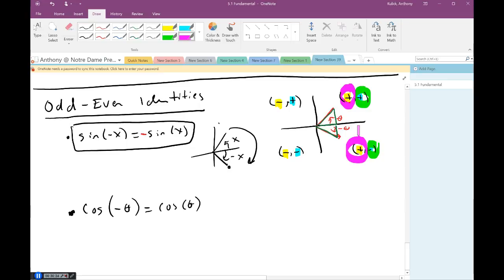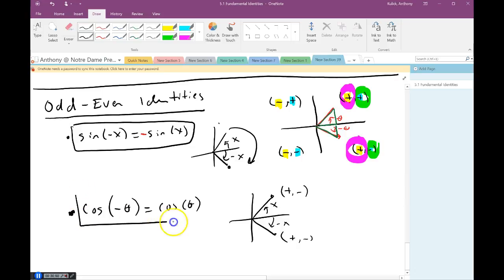I still have a positive value of cosine, right? So if I do cosine of negative x, it's still going to be a positive value. It's going to be the same thing as the cosine in the first quadrant. Does everybody agree with that? So there's that.